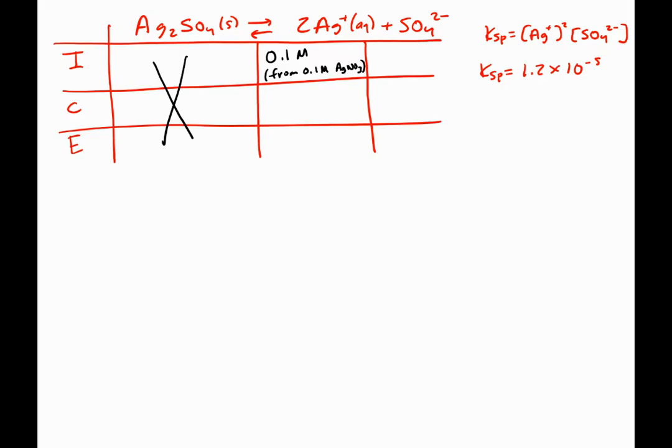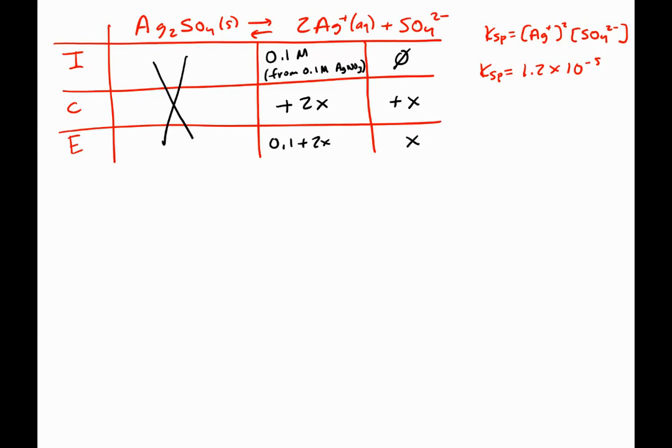Now, the 0.1 molar AgNO3 solution does not contain any sulfate ion, so initially there's no sulfate ion present. Therefore, this reaction has to go to the right. You have to make some Ag plus, you have to make some sulfate ion. So we get 0.1 plus 2x for Ag plus, and we get x for the sulfate ion.